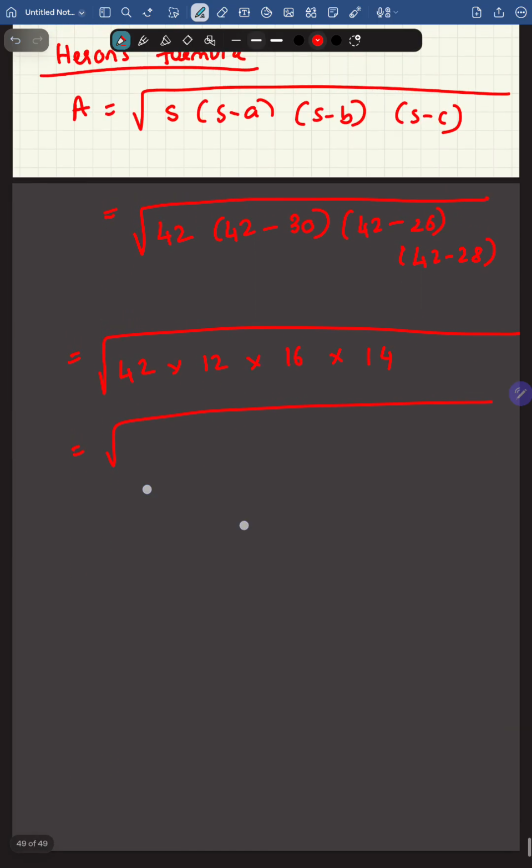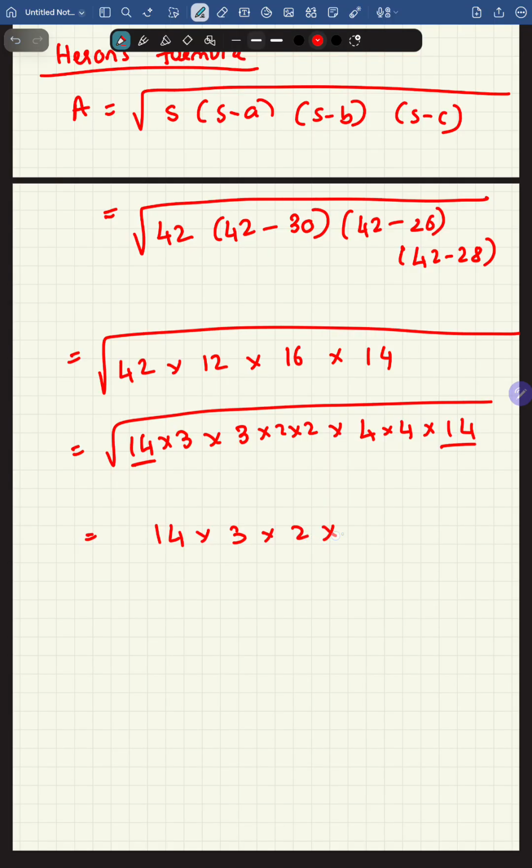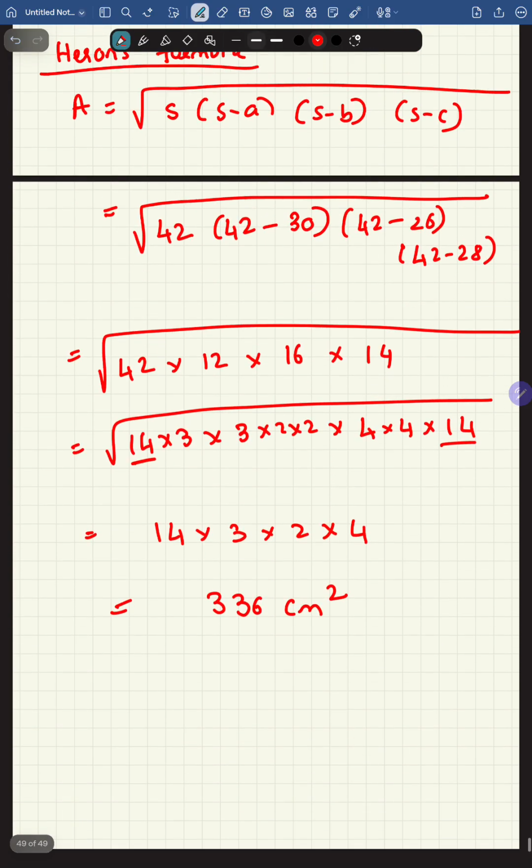But I never multiply. I can write 42 as 14 into 3, 12 as 3 into 2 into 2, 16 as 4 into 4, and 14. Just form groups of 2. So 14, 3, 2 and 4 gives 336 centimeters square.